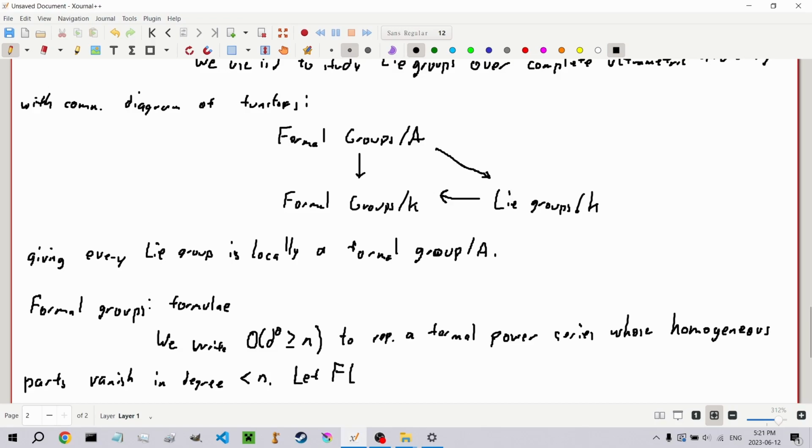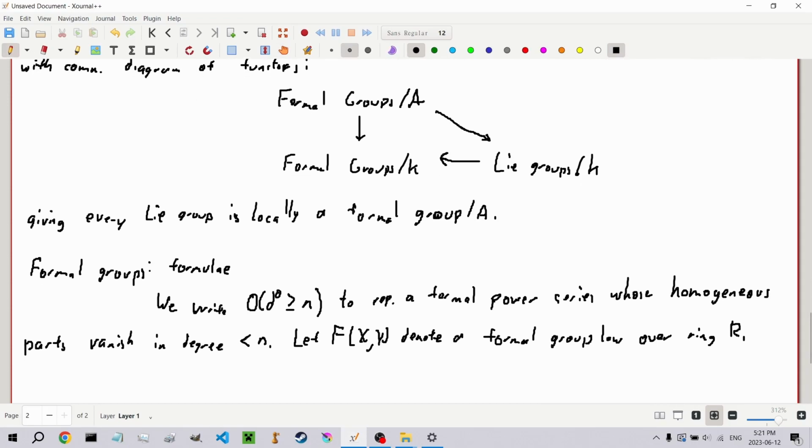We let f of x, y denote a formal group law over a ring R, except of course when stated otherwise. So let's look at some formulas now.